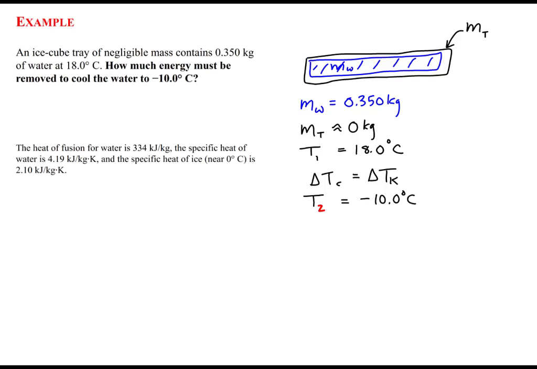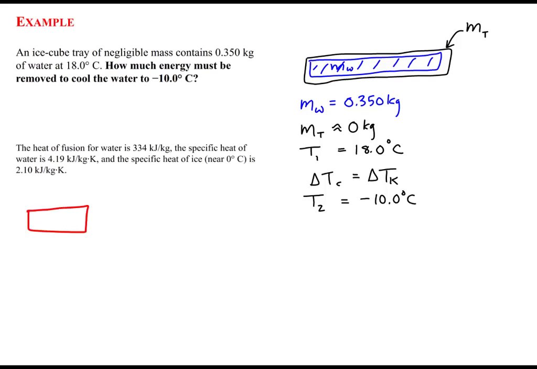Now, let's illustrate this process. So again, because the mass of the ice cube tray is negligible, we don't really have to consider thermal energy changes of it. But we do have to for the water. So let's illustrate this process for the water conceptually.